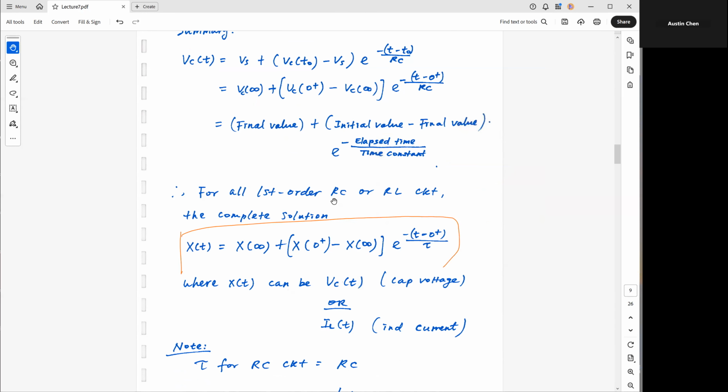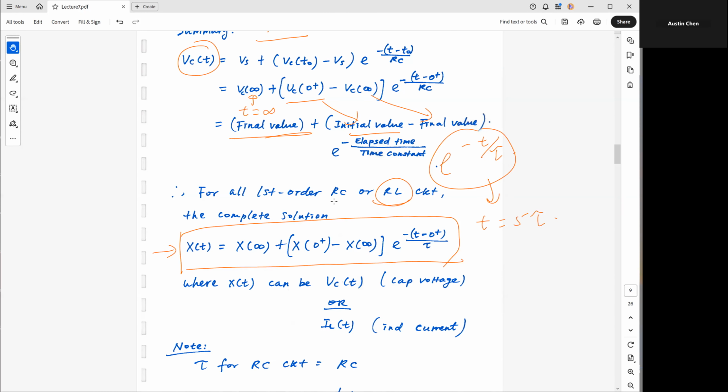This is like a template, derived earlier for the first order system, first order circuit. Instead of using v, I'm going to make it general: x of t is equal to x at infinity plus x at 0 plus minus x at infinity, multiplied by the exponential function here.